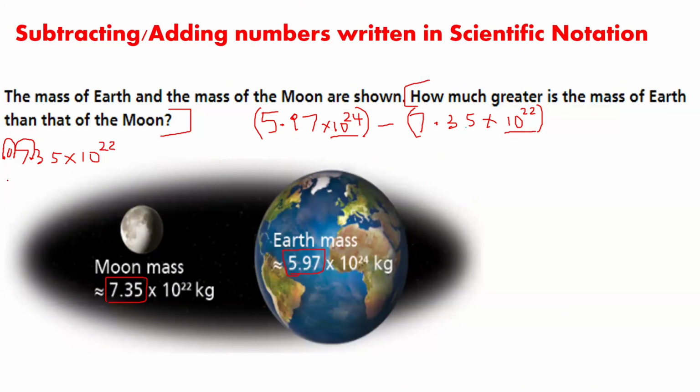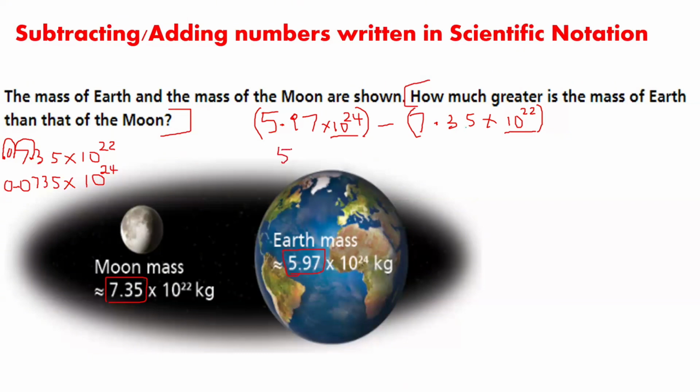It's going to be 0.0735 because we moved 2 places to the left. If we move 2 places to the left, this exponent here is going to be increased by 2, which is going to be 22 plus 2, 24. Now that we have both powers of 10 to be the same, we can go ahead and subtract.